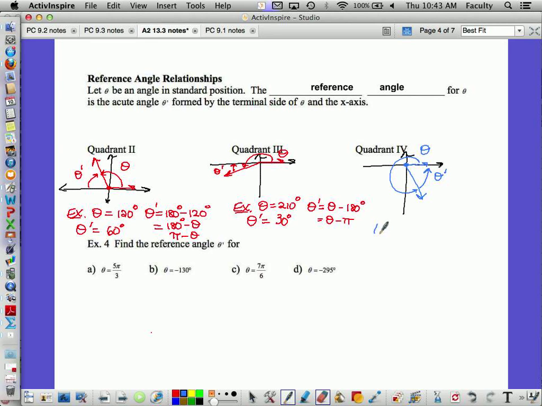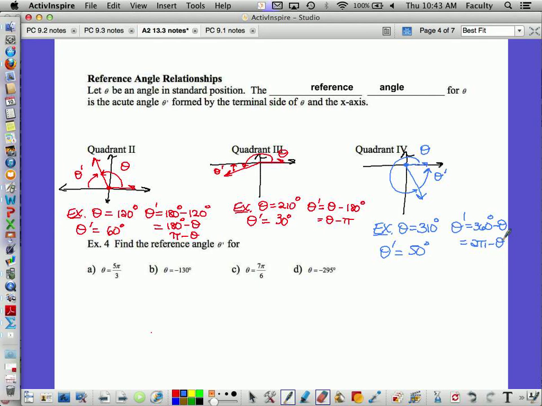So let's suppose I give you an angle of, let's say, 310 degrees. What would theta prime be? How far away from that x-axis am I? 50. How do you get that? You take 360 minus your angle. Or, if I'm in radians, that's 2 pi minus the angle.